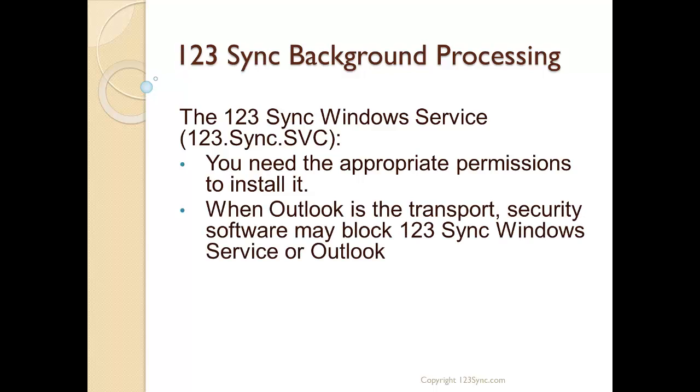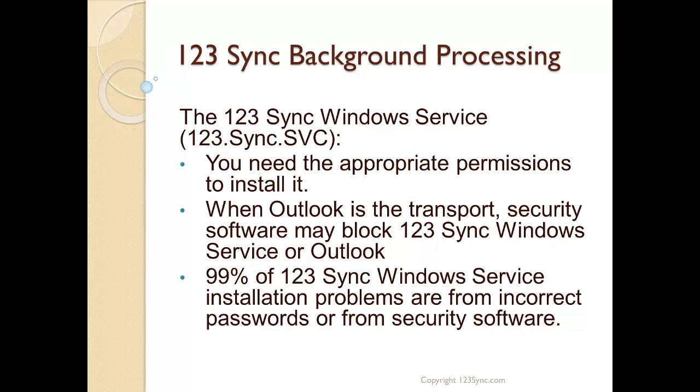When you're using Outlook as a transport, a security service may block the 123Sync service from running 123Sync with Outlook. We have seen that happen, and you either need to configure the 123Sync service or the security system to allow us to run properly, or you need to run it on the system tray as your current user. 99% of the failures of our installation of 123Sync are from incorrect passwords.